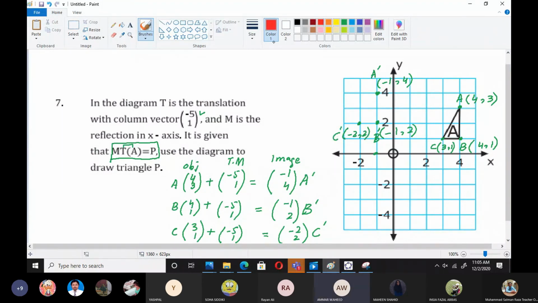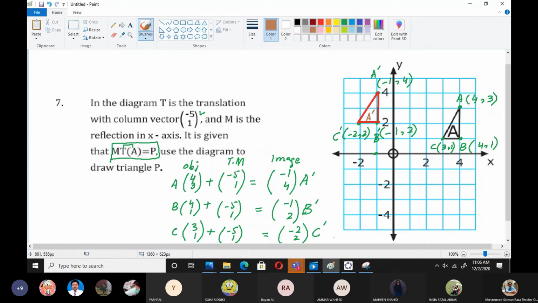Using a decent color and a straight line, I am going to join them together. So, guys, congratulations. We have found the correct translation of A B C over here.